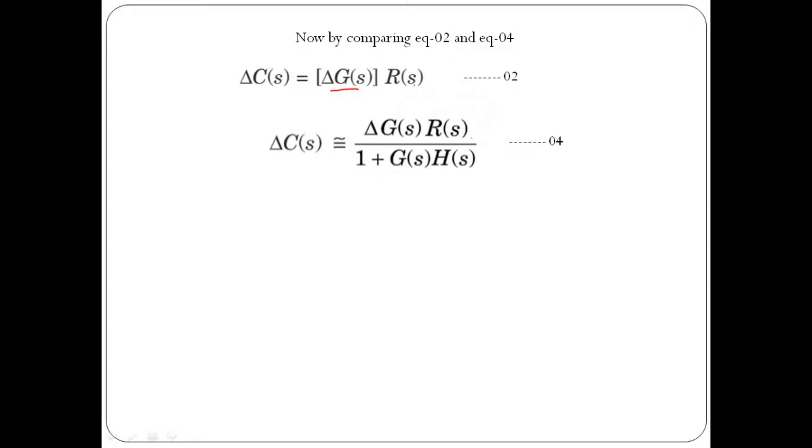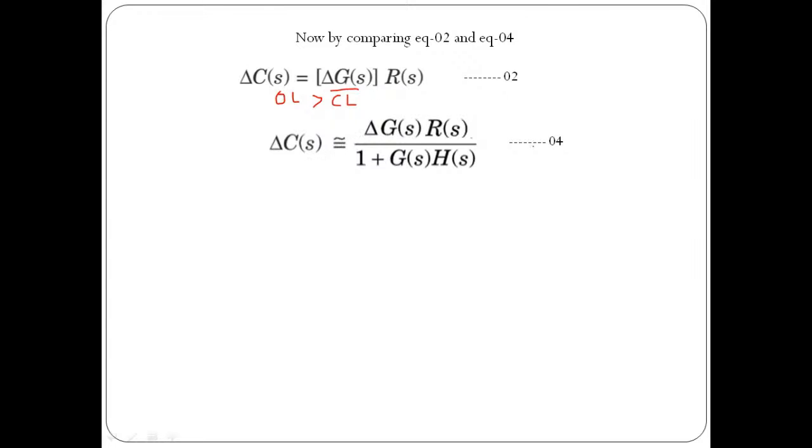The value of change in output is more in case of open loop system as compared to closed loop system. Why? Because in open loop we have only numerator, there will be no denominator, so it will be like delta g of s into r of s.